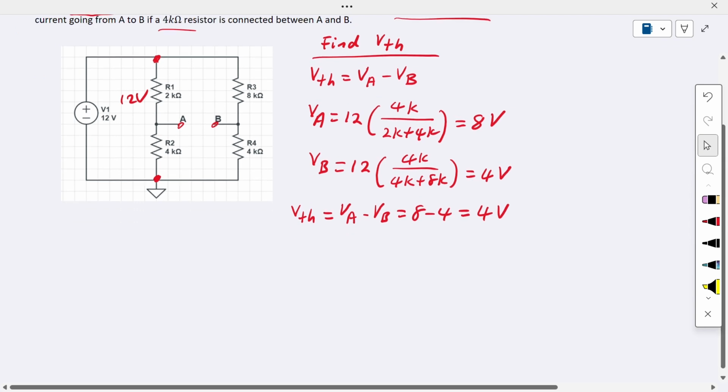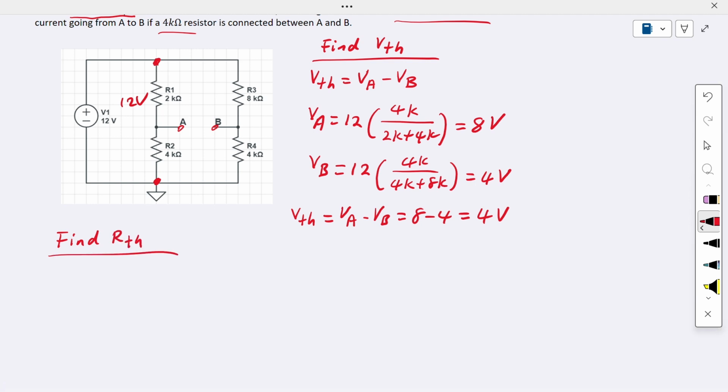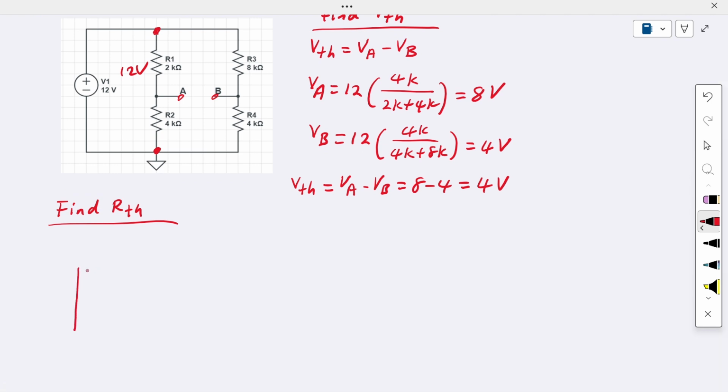Now we're going to find the RTH value, the terminating resistance. So for the RTH value, we can redraw the circuit here. For the redrawn circuit, the ideal voltage source is replaced with an ideal wire, and then we connect to this resistor here.